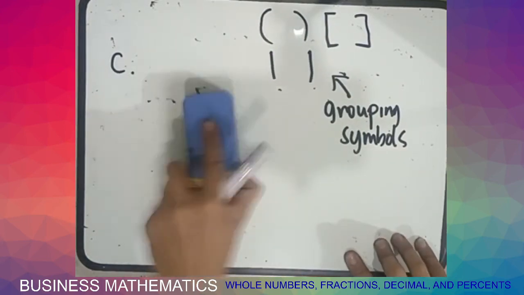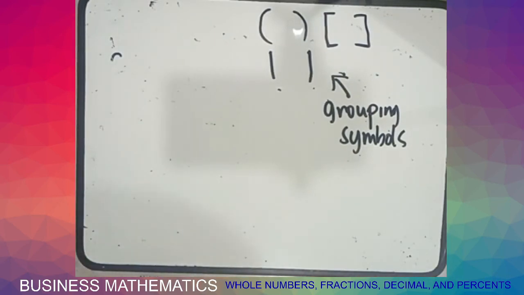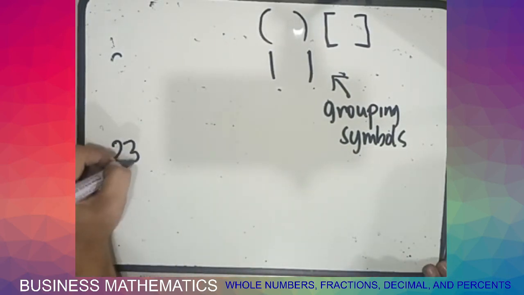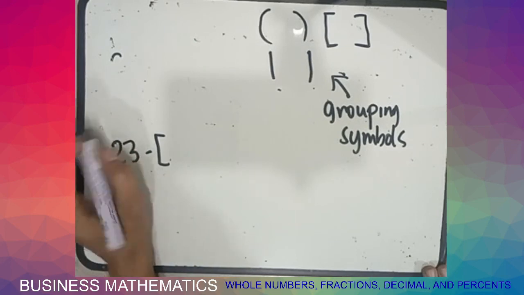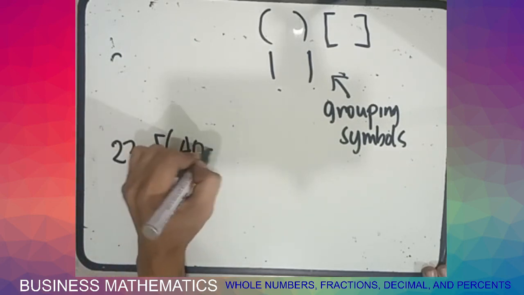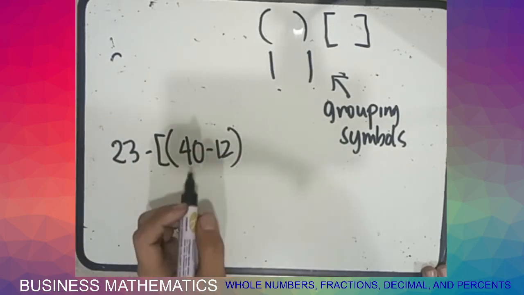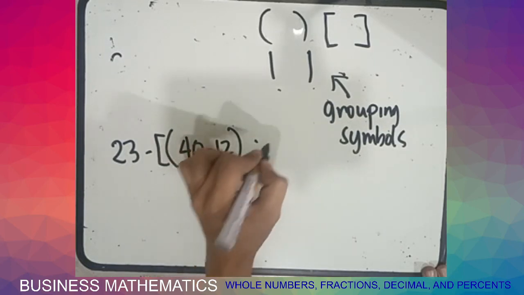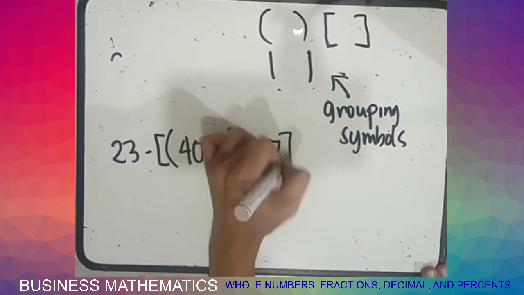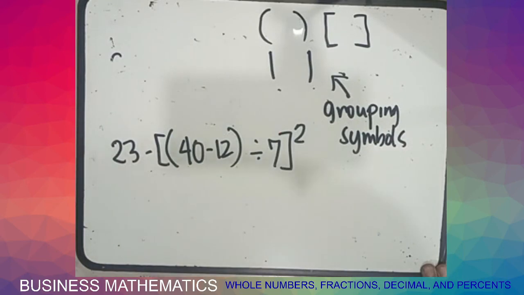I-adjust lang natin to. 23 minus brackets, may parenthesis, divided by 7, tapos meron pa tayong squared sa labas.